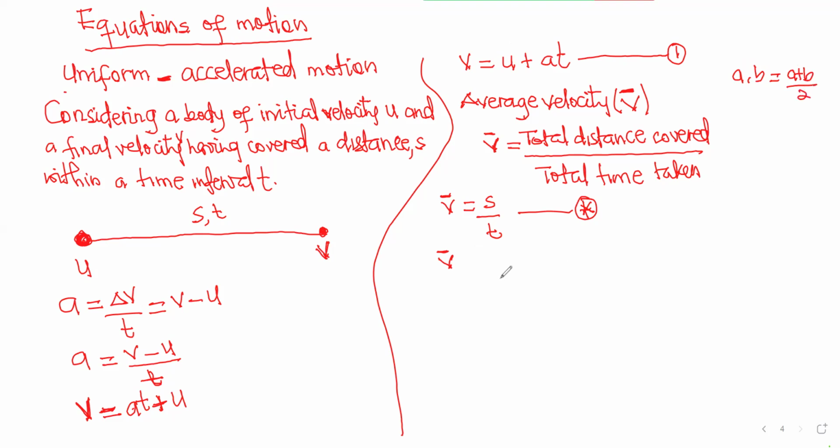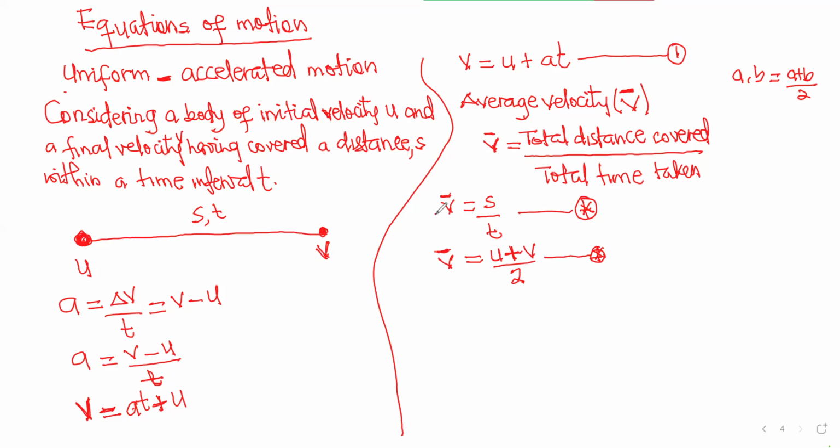Good. So the same way, the average velocity here can also be the initial velocity plus the final velocity divided by 2. This will also give us the same value as average velocity. So this is also star. They all represent average velocity.